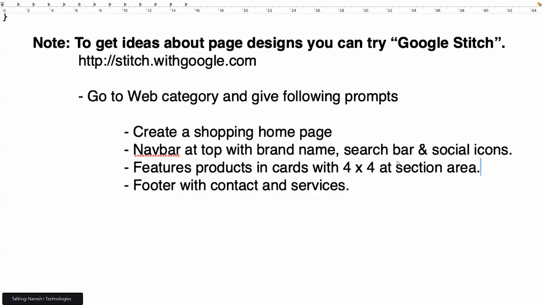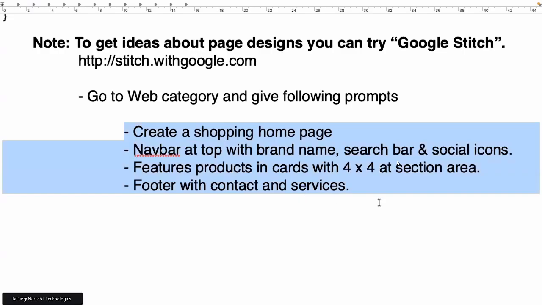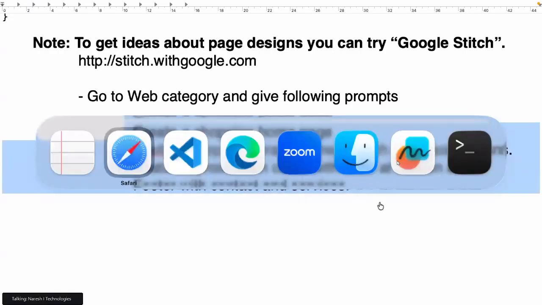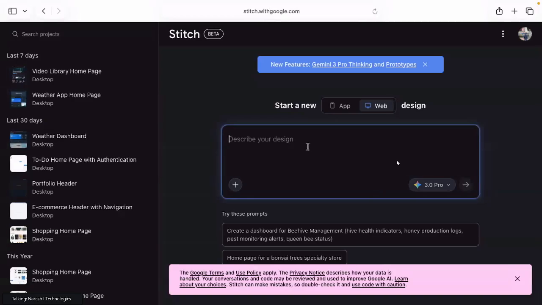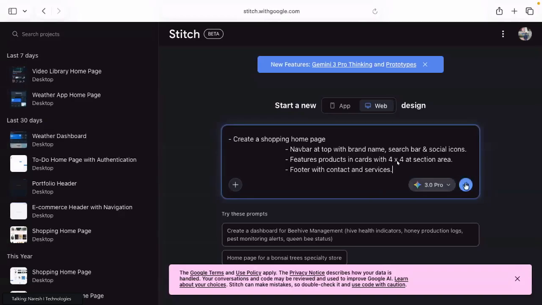So we are asking to design a shopping homepage. In that, a nav bar at the top, and featured products below, and a footer with contact and services. Copy this prompt and paste it in the web category here, and just click generate.